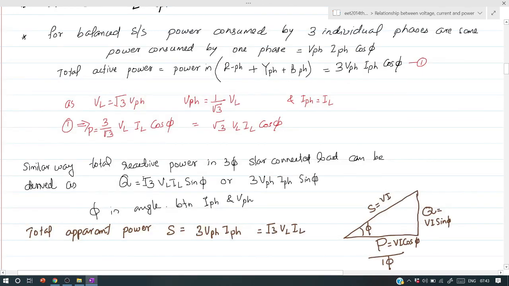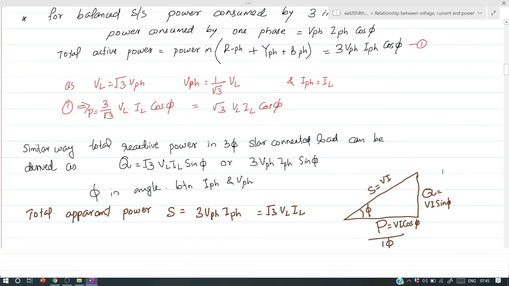Similar way, total reactive power in three-phase star-connected load can be derived as Q. It is represented by Q, which is equal to root 3 VL IL sin phi or 3 VPH IPH sin phi, where phi is angle between IPH and VPH. Angle between phase voltage and phase current is termed as power factor angle phi. Then total apparent power S is equal to 3 VPH IPH, which is equal to root 3 VL IL.